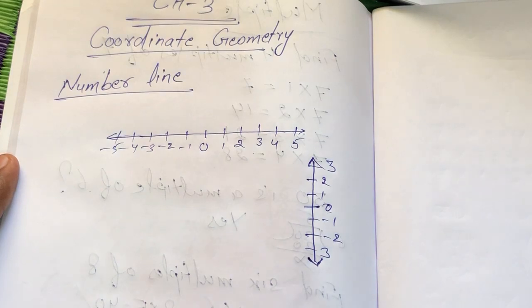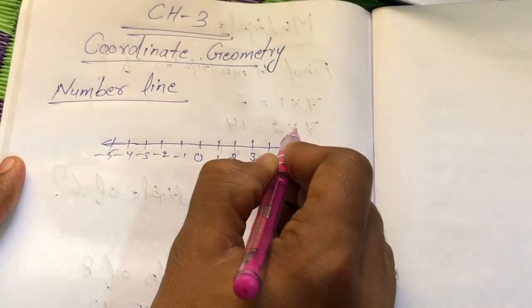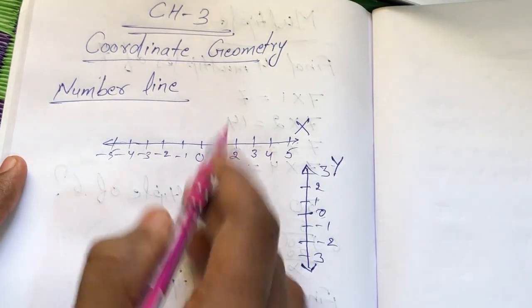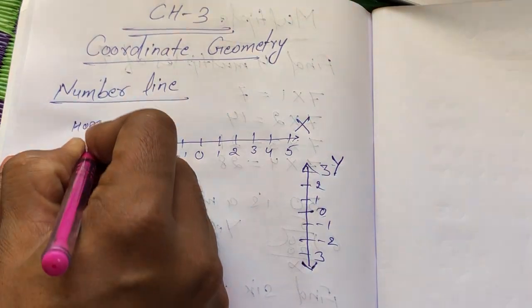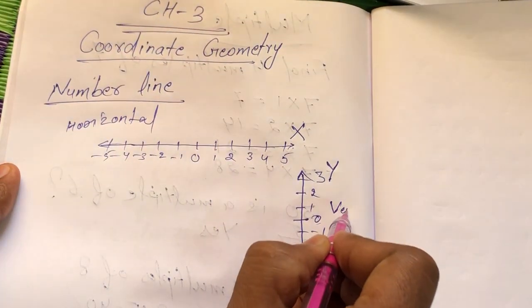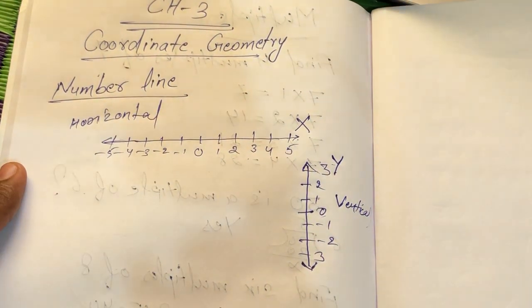If I say this is line X and this is line Y, this is the horizontal, and this one is vertical. Vertical line, horizontal line.